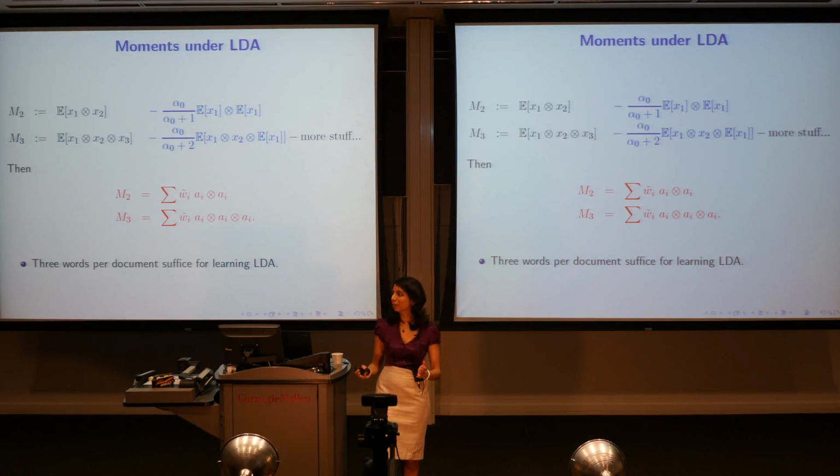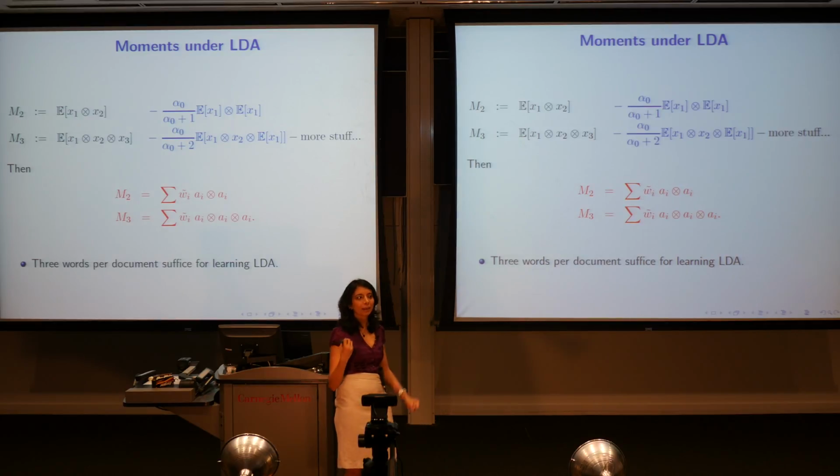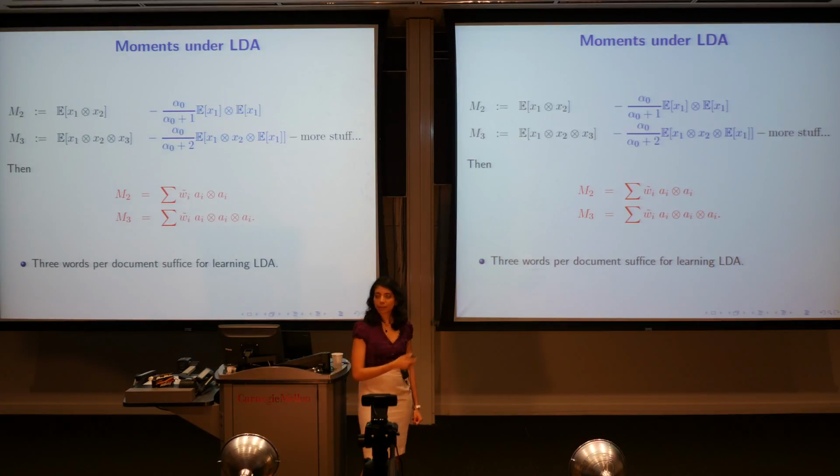So you can have extremely short documents and still be able to learn this model with guarantees. That was a nice property of these moments, because we are only going up to third order moments, so it suffices to have the information of co-occurrence of sets of 3 words in the document.